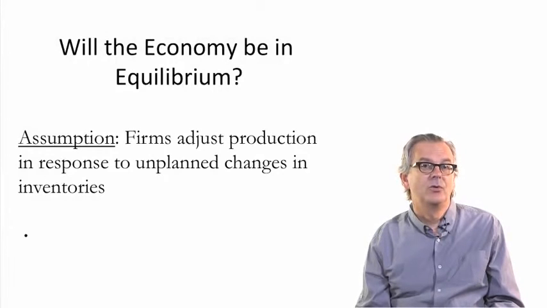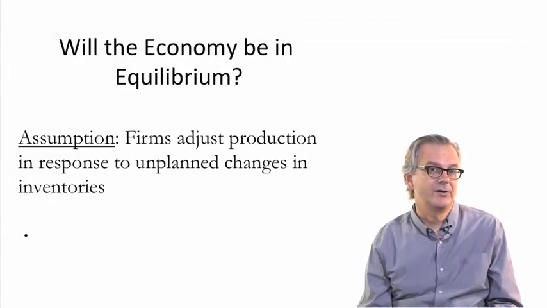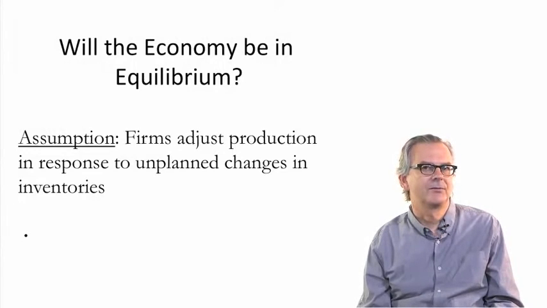And that firms will, if they ever observe this situation occurring, adjust their production plans accordingly. If, for example, firms unexpectedly see an increase in their inventories, remember they're not expecting this, to their surprise, they're seeing that they're not able to sell everything that they've produced, they'll understand that means they're producing too much. And in response, they will cut back their production. So an increase in inventories leads to a reduction in production.